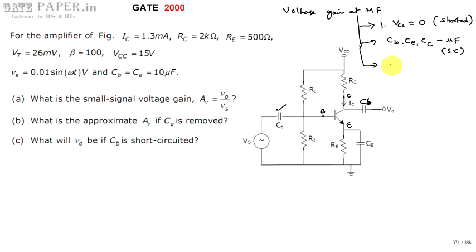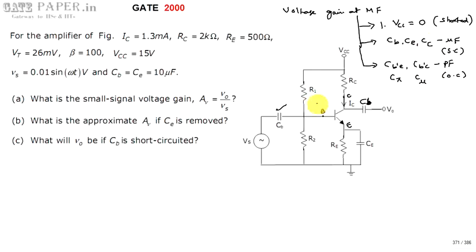Their range is very small, in picofarads, and they are generally specified as C base-emitter and C base-collector. C base-emitter is also called C pi, and C base-collector is also called C mu. They will act as open circuit at the mid frequency range.